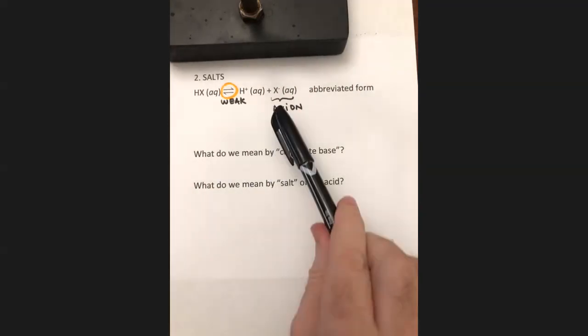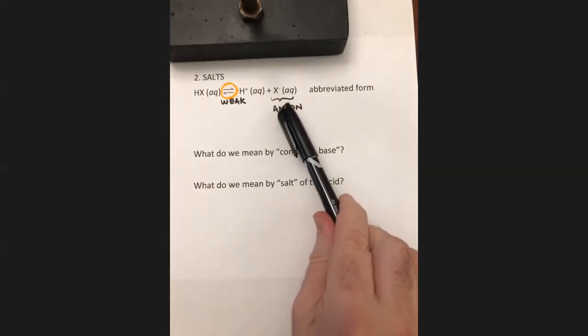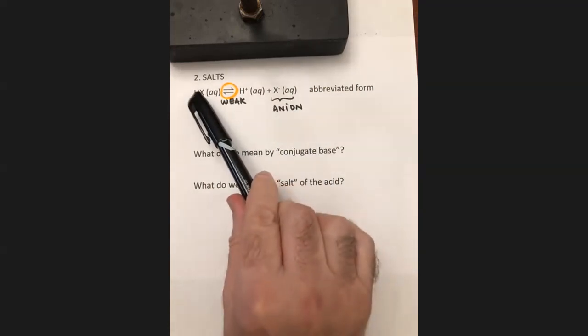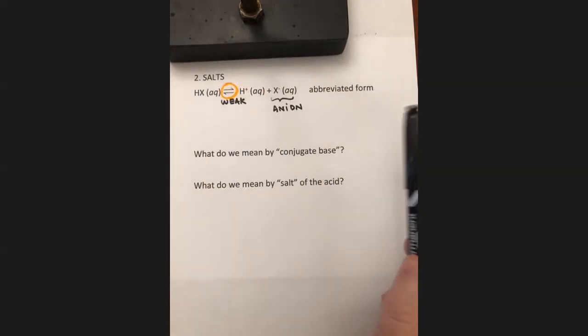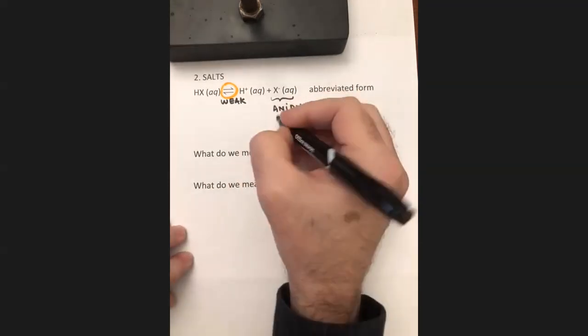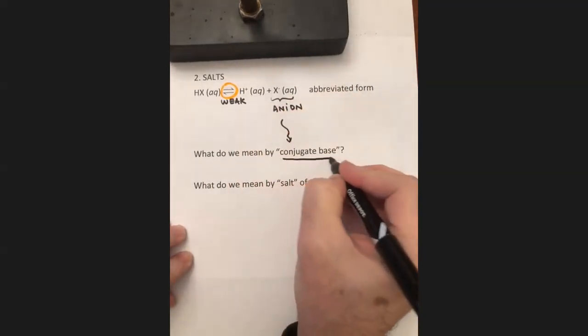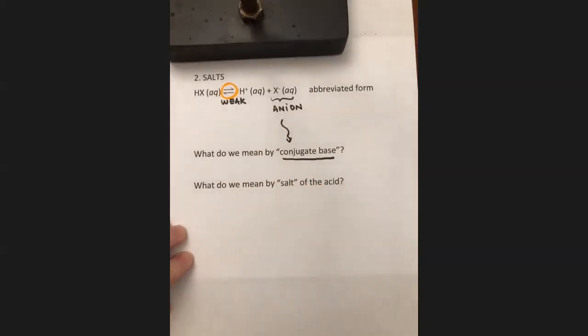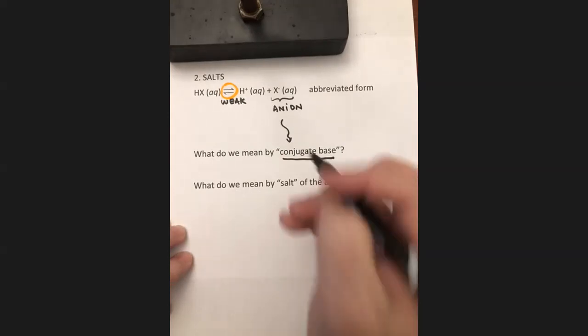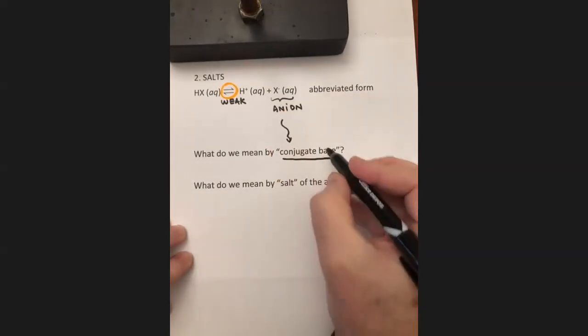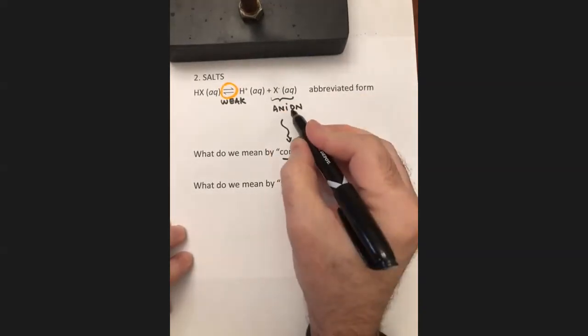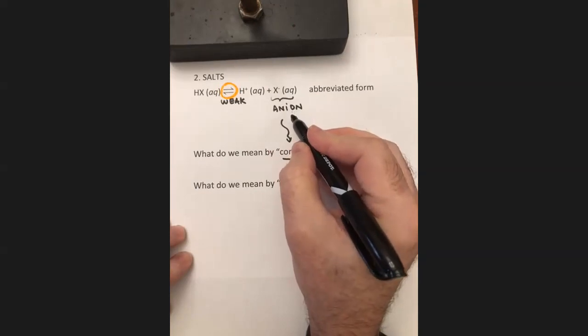But we said that the anion of a weak acid is a base. We call it the conjugate base. Why? Because remember, they're both existing. Now, why is this a conjugate base and not simply an anion?